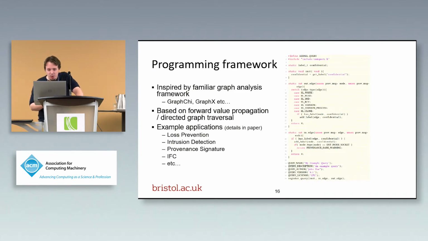PowerPoint destroys the resolution of my image, but basically the framework goes through the incoming edges associated to a node and the outgoing edges associated to a node, and you write the type of operation. That's very familiar if you ever used GraphSheet or this kind of framework.